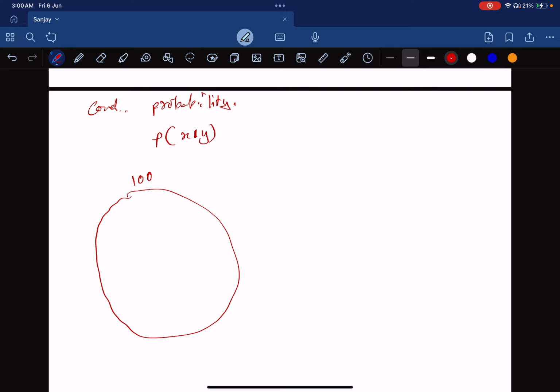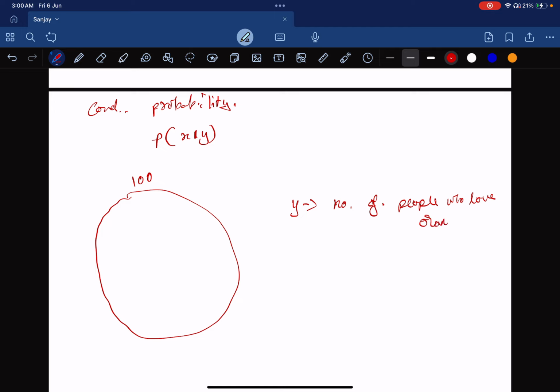Let's call that y, the number of people who love orange juice. Let's take y equal to 60 people who love orange juice. And let's check the x.